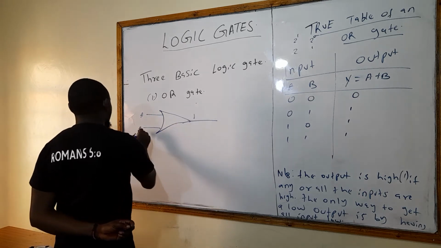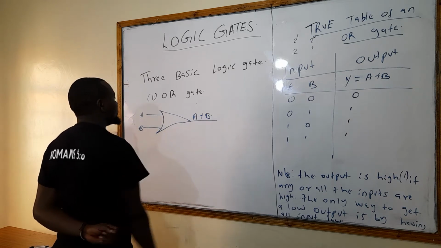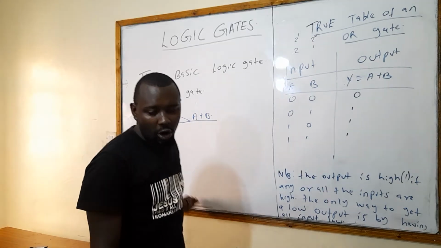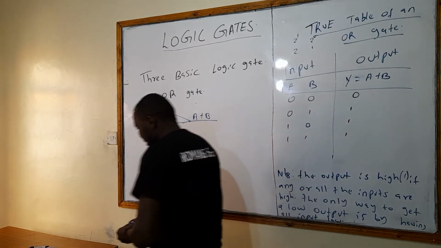And you're going to have A, and this is B. You're going to have A plus B. This is the symbol of an OR gate.